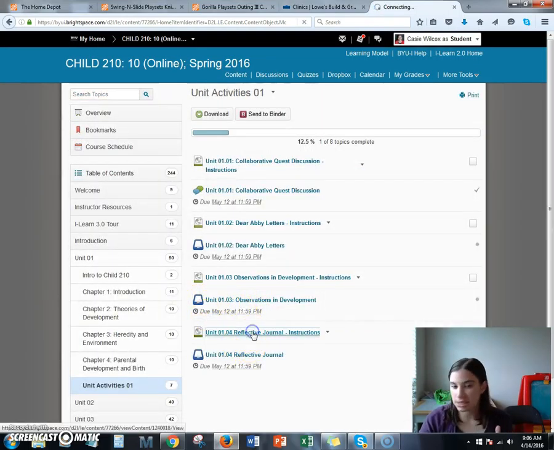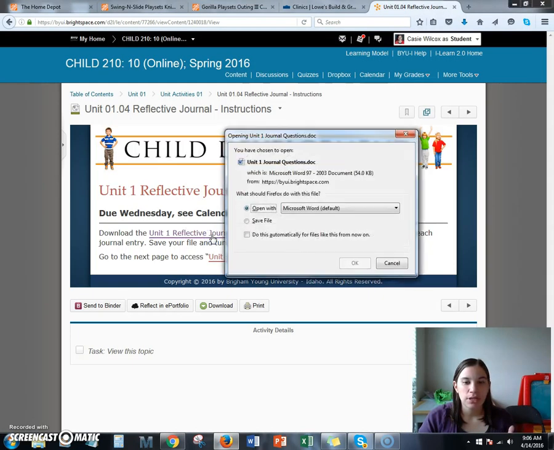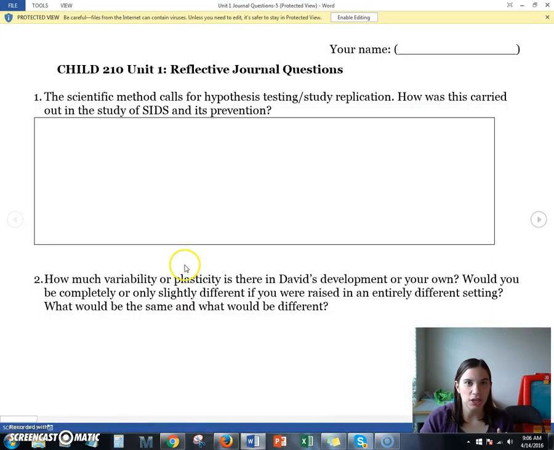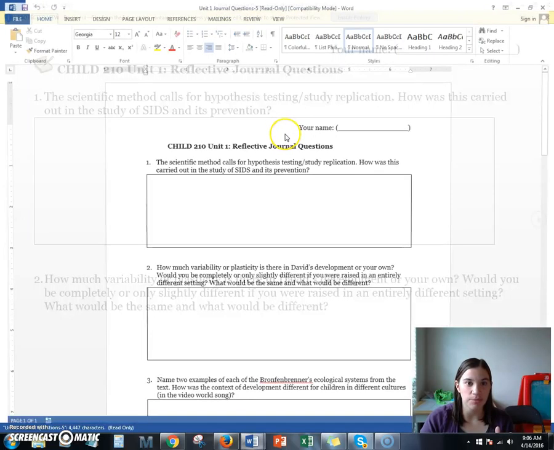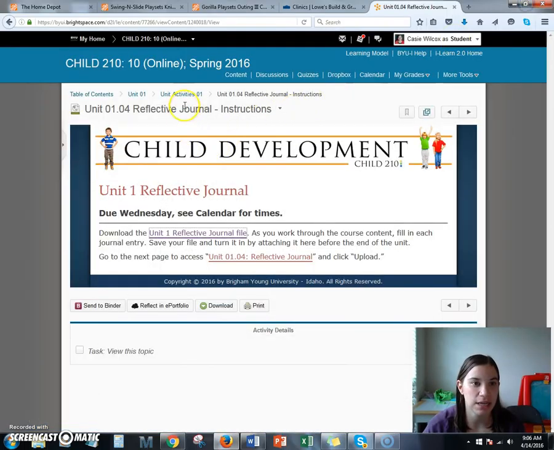The last assignment is the reflective journal, and this is what I was talking about when I said there were journal questions under each unit or each chapter. They correlate with this document. So you'll notice the scientific method calls for hypothesis testing and study replication. How was this carried out in the SIDS study? So I'm going to minimize this and go back.